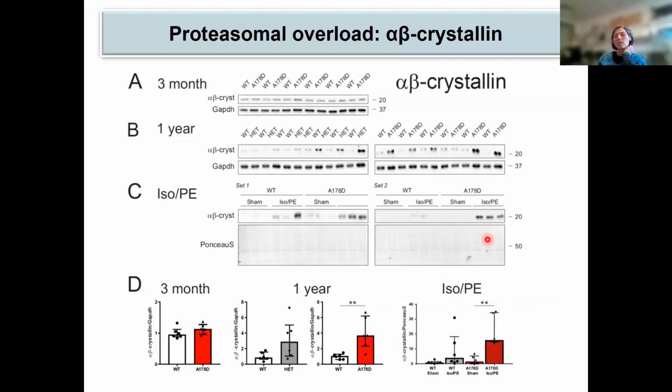And this is now just looking at one of these proteins, alpha B-crystallin. And if you focus on the last panel on the summaries, what does become apparent is that you need a challenge, either aging to a year or chronic adrenergic stimulation, to really see this proteotoxic response, because it's not quite there in the young mutant mice.